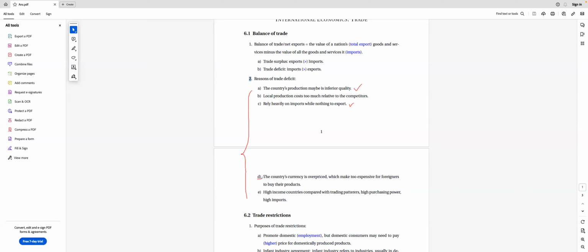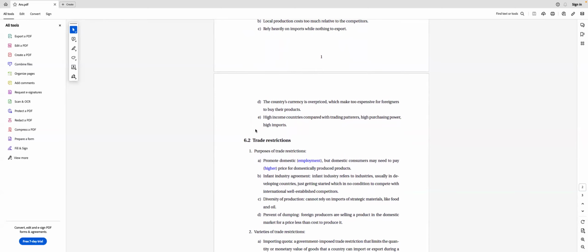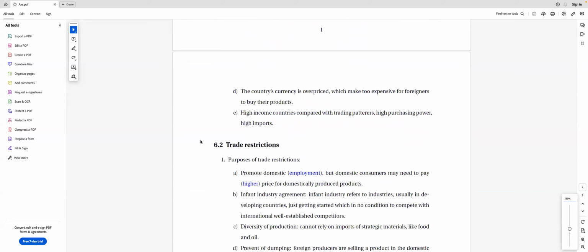Okay, number D, your currency is overpriced. How many things you can export has a very close relationship with the exchange rate, right? So if your currency is overpriced, an appreciated currency makes the goods and services made by your country more expensive for foreigners.